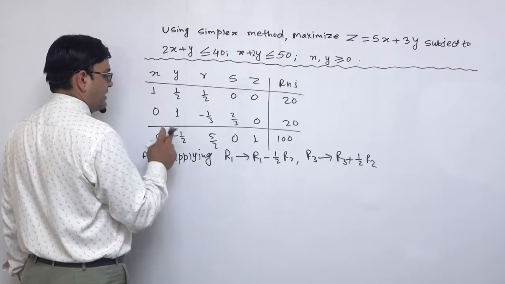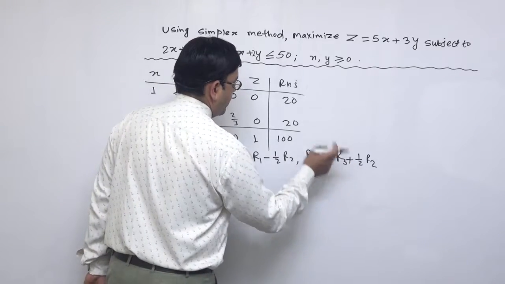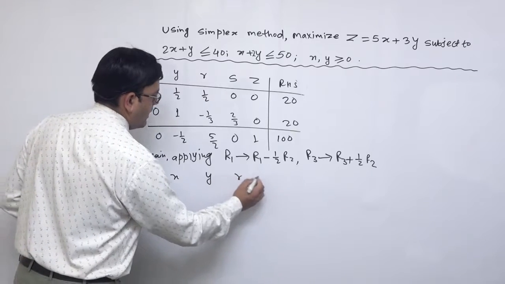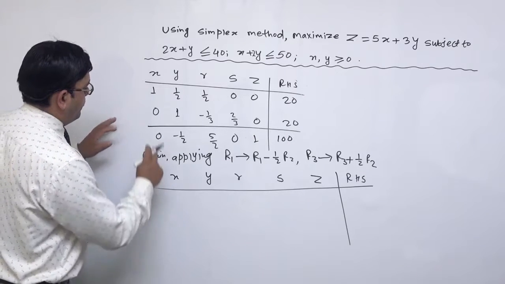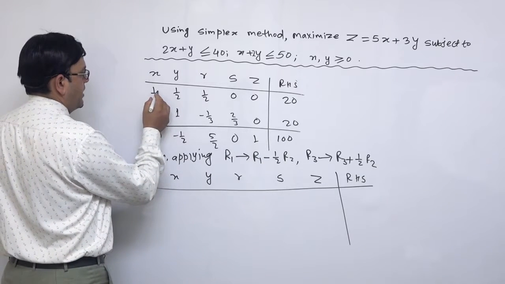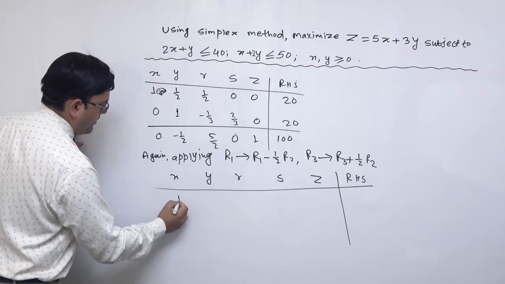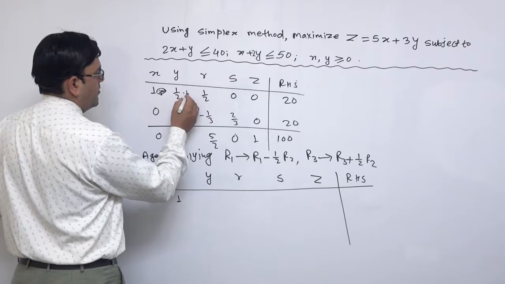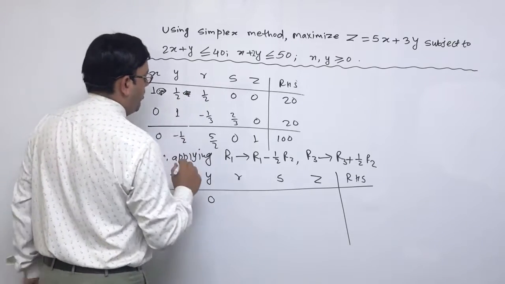Here we have plus 1 minus 1/2, and to make that 0 we multiply by 1/2 and then add. Now for x, y, r, s, z and RHS, in the first, R1 minus 1/2 R2 is 0, 1/2 times 0 is 0, so 1 minus 0 is 1, same. Similarly, 1/2 minus 1/2 times 1 is 0.